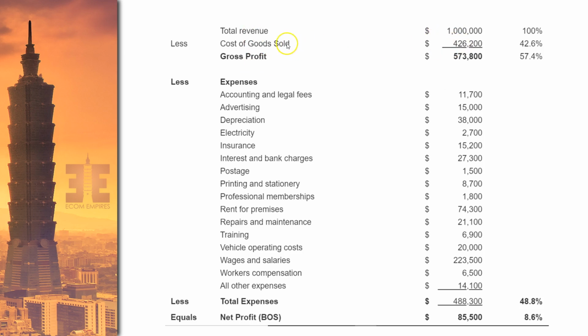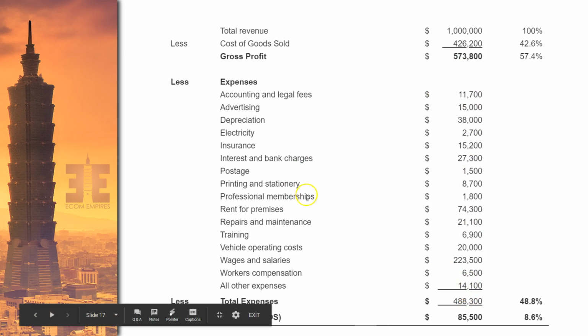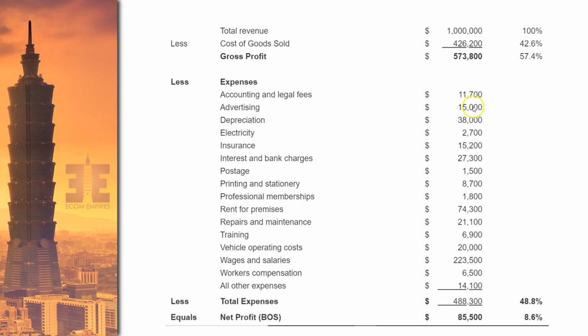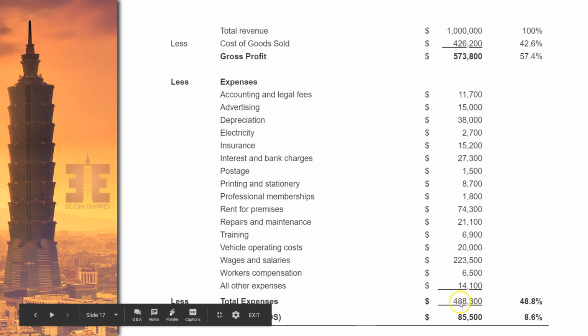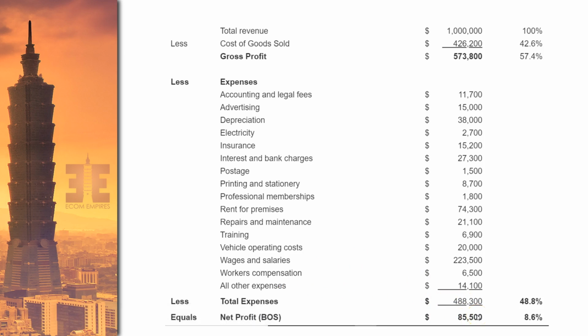So it takes your total revenue minus cost of goods sold to get a gross profit margin, and then you're taking out all of your expenses, which is where they would also include marketing expenses here, advertising, right? That's the advertising expense, and then all the other expenses as well, to get your net profit margin.